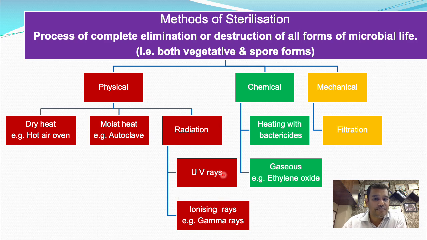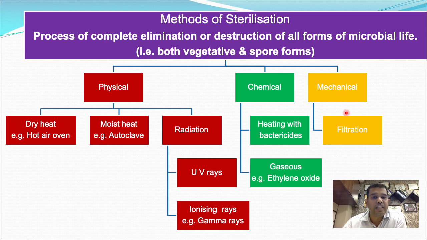Next is chemical sterilization. That means using some bactericidal agents, which will destroy the organism and lead to sterilization. Next is gaseous sterilization. Ethylene oxide gas is used to sterilize the instrument, that is the ETO sterilization.